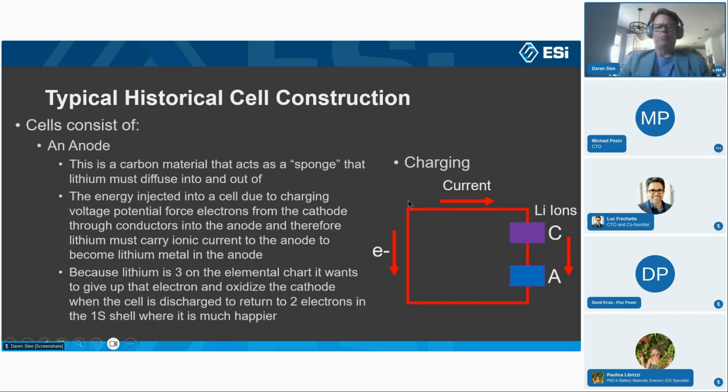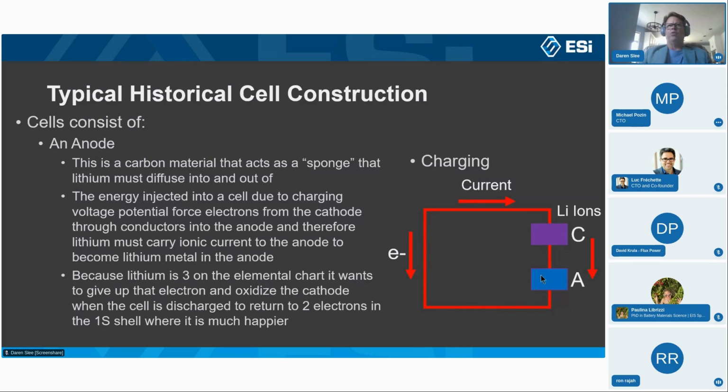Most of you probably understand this information, but when we're charging, lithium ions move from the cathode to the anode, and electrons leave the cathode through the charging loop, which means current is traveling into the positive terminal of the cell. The anode acts like a sponge, and the lithium needs to diffuse into that sponge as the battery is charging.